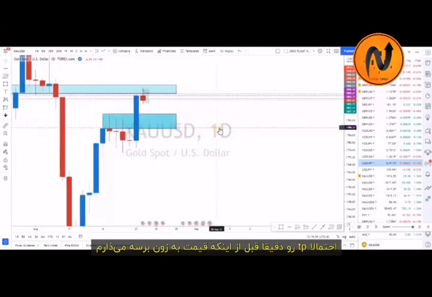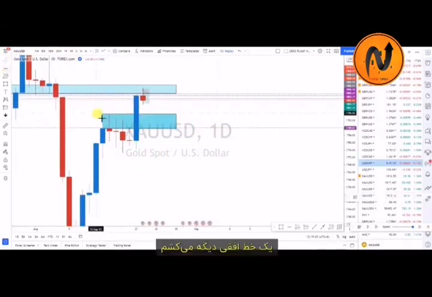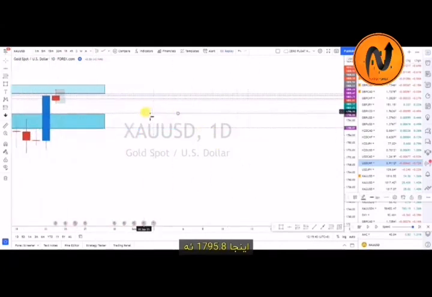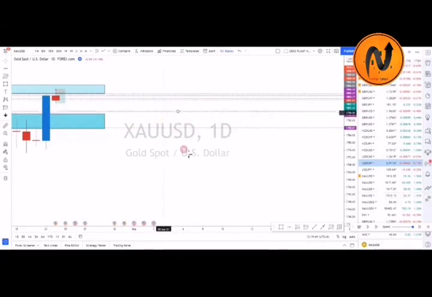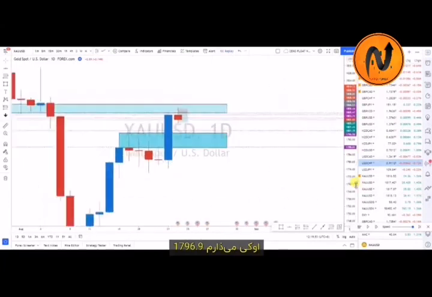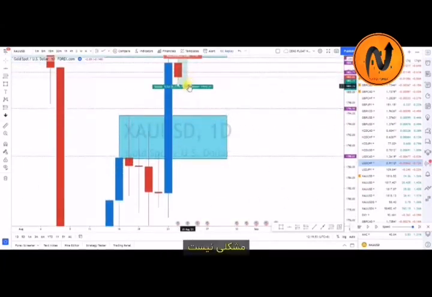Okay, so I'm gonna take another horizontal line. So let's say here is 1795.8. I'm gonna TP at 1796.9 or so. Okay, yeah, it's okay, no problem.